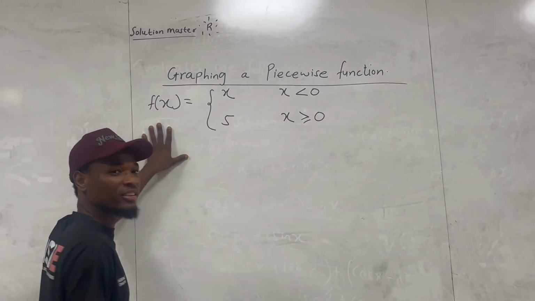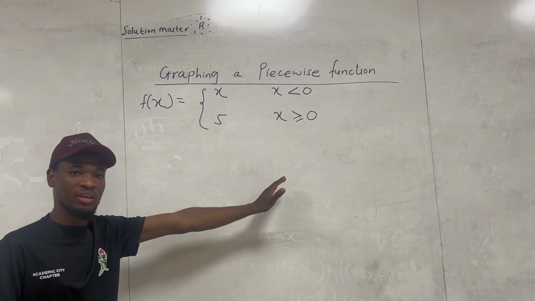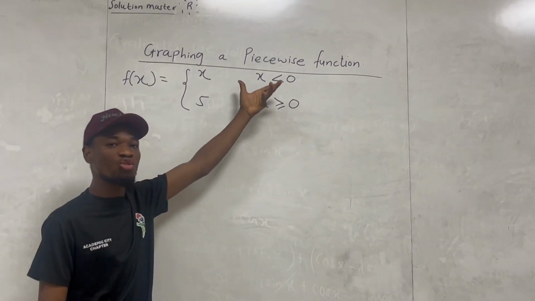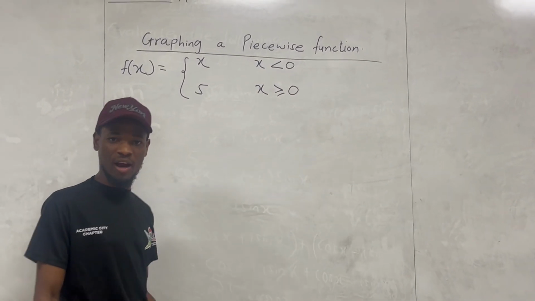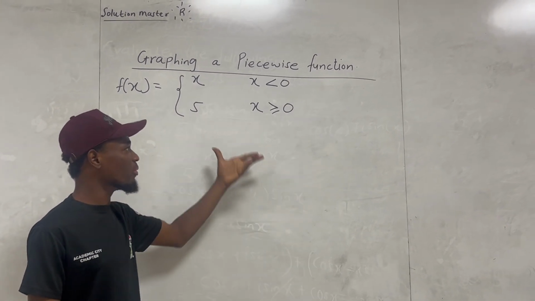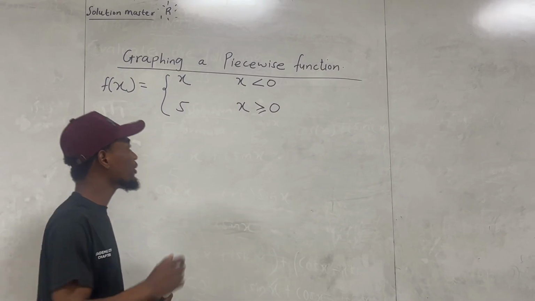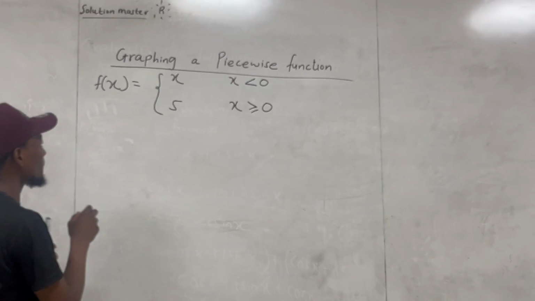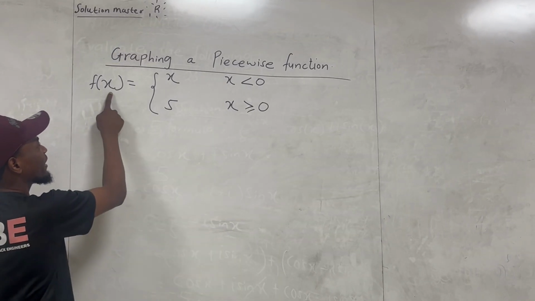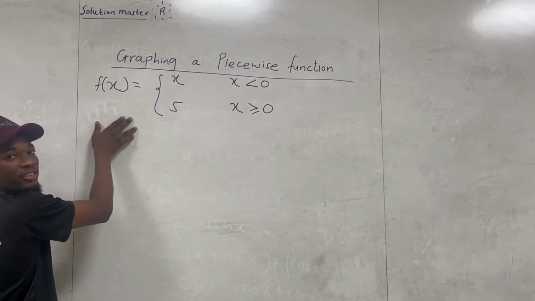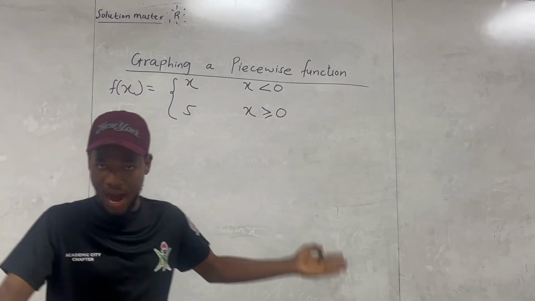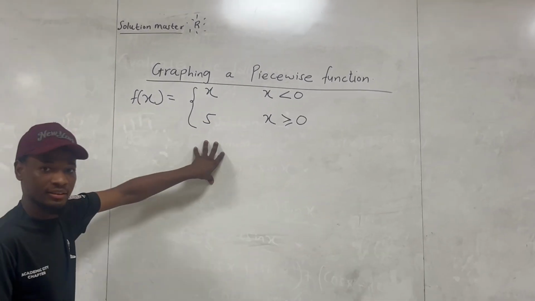We have f of x equals what have you. This is the domain of the function, or we have a set of intervals. You can say this is f of x, so f of x is the same as y, which is equal to this.